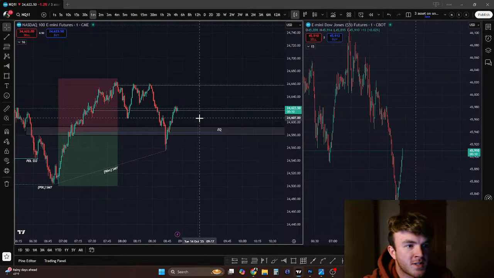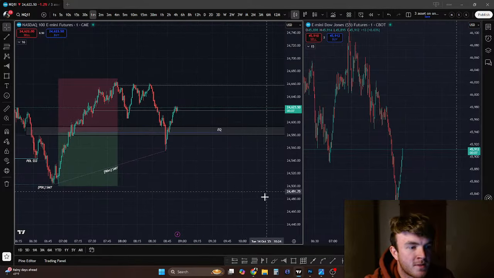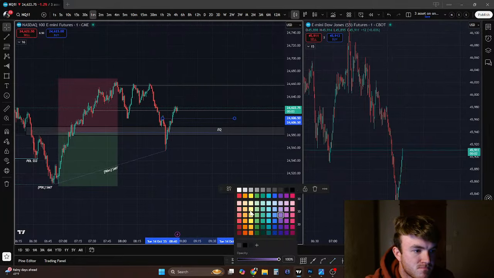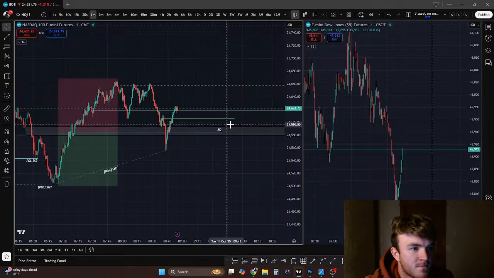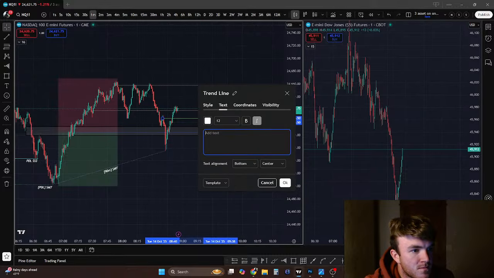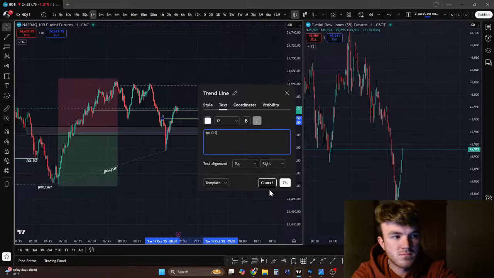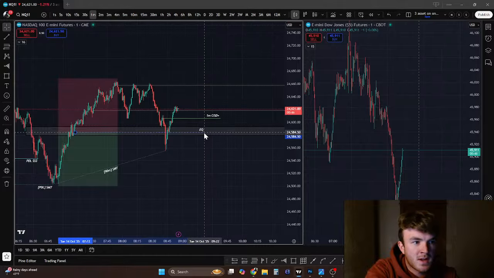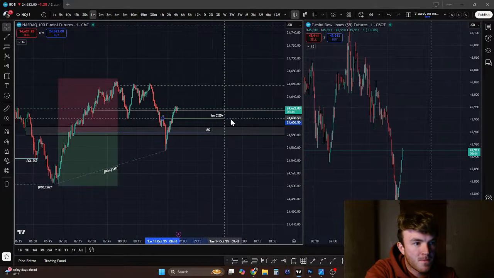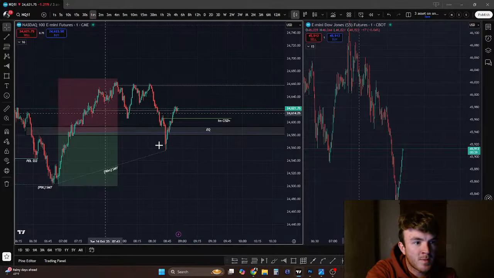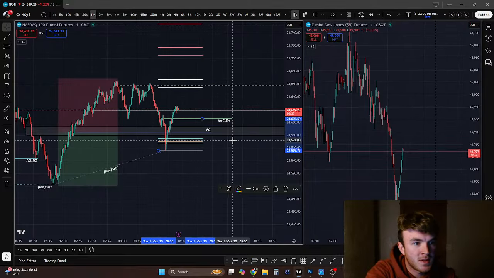I mean, this 1 minute change in state should be fine. Alright, let's just put a limit order there. Then again, we could wait for my sniper model, which is OTE of the leg.